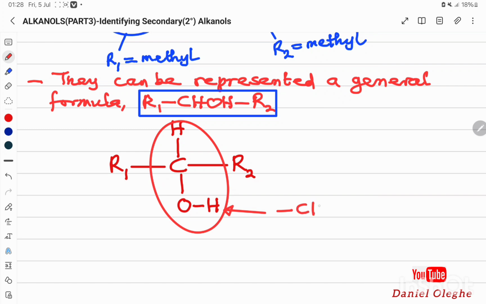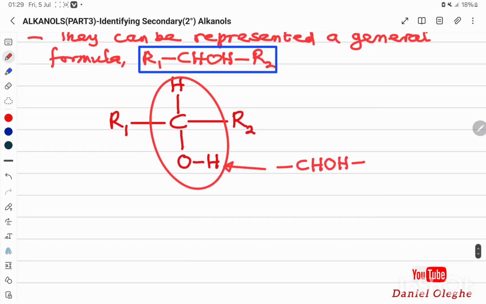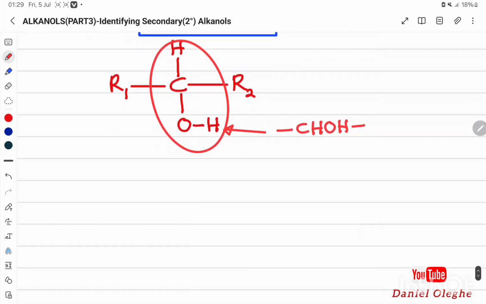This CHOH group. So we can say that secondary alkanols can easily be identified. Don't forget, we are looking at how we can identify secondary alkanols.